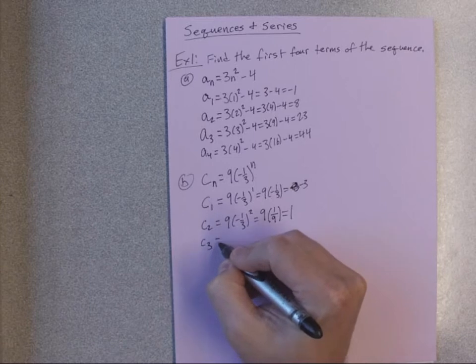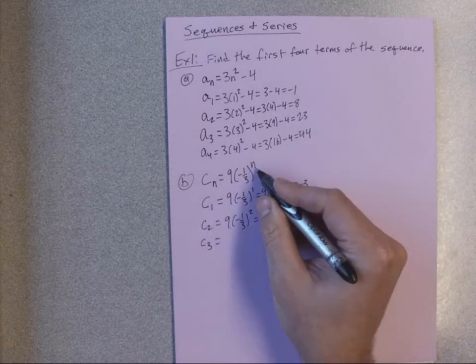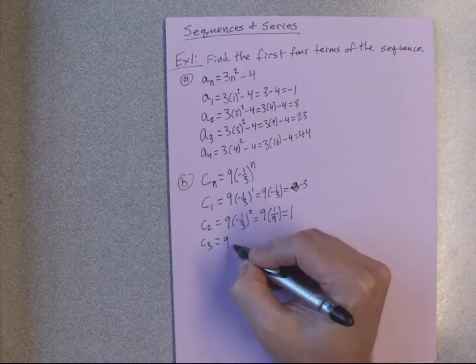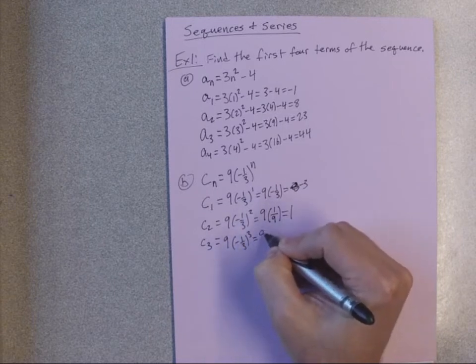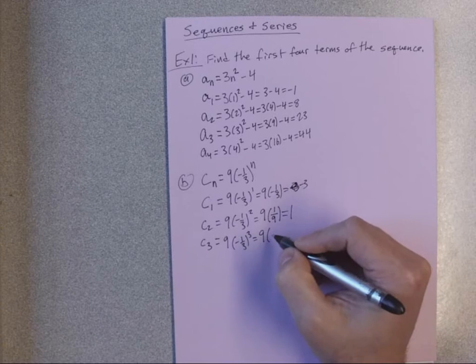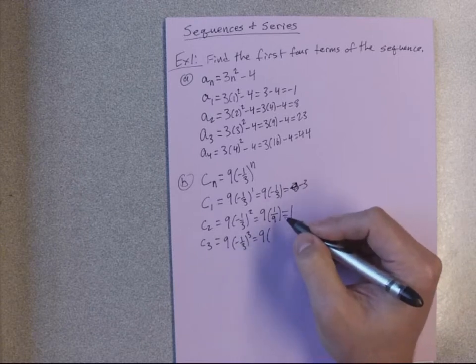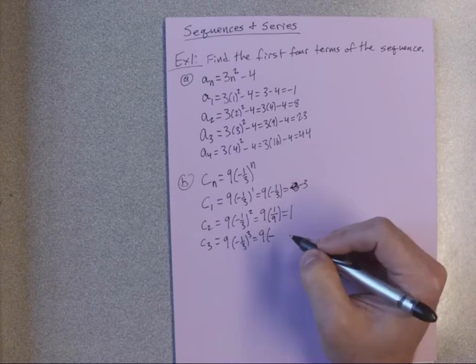C3, that means we're plugging 3 in here for n. 9 times negative 1/3 cubed. So 9 times negative 1/3 cubed means we have 3 negatives, so the negative is going to stay.